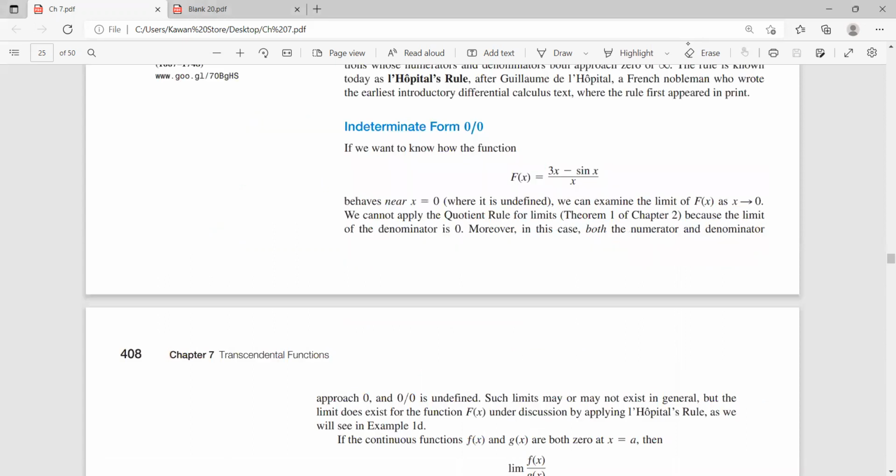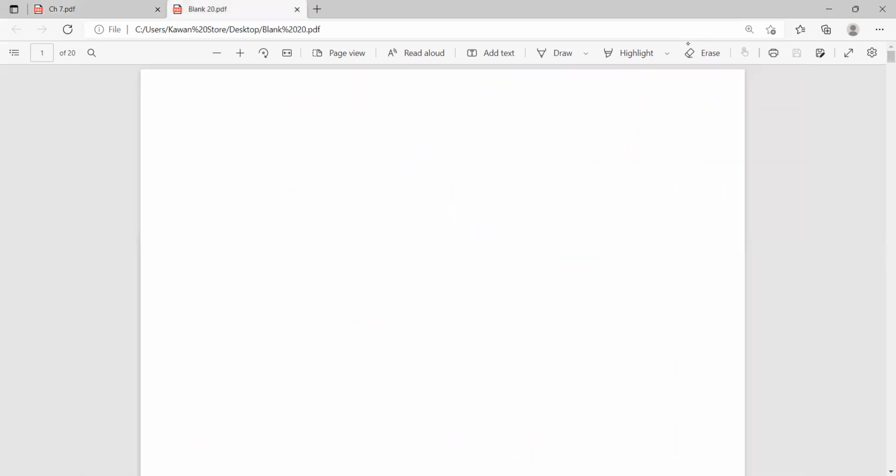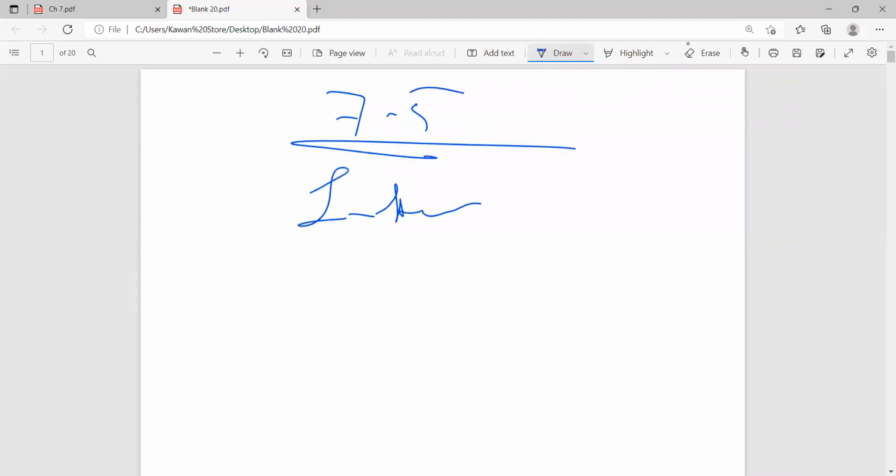And now we have what? We have indeterminate forms. We have three types of them. Am I right? Can you tell me which types we have? Yes, 0 over 0. So one of them is 0 over 0. Okay, what else? Infinity over infinity. What else? Sorry? 1 over 0?